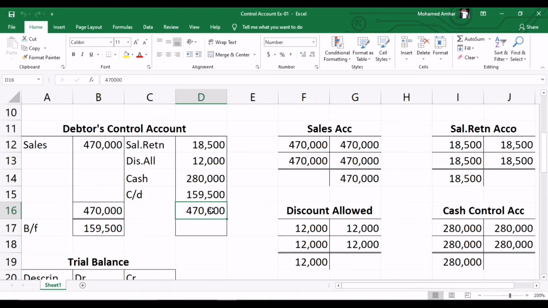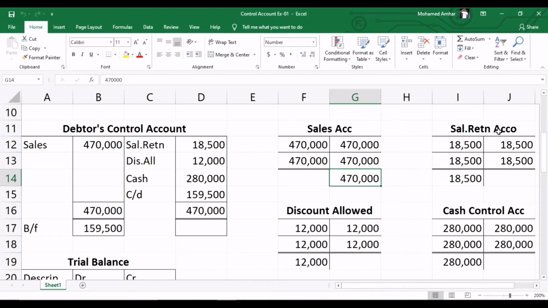From 470,000 deduct the sales return, discount allowed and cash received. So the balance is 159,500. Here, sales account 470,000, get the total here and here. So carried down balance and brought down balance are taken.